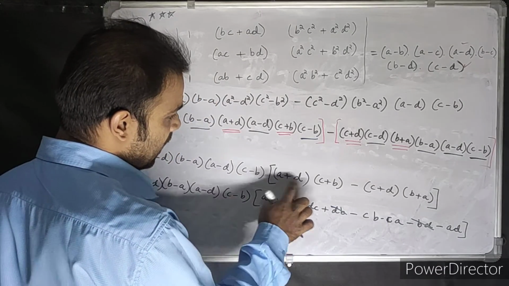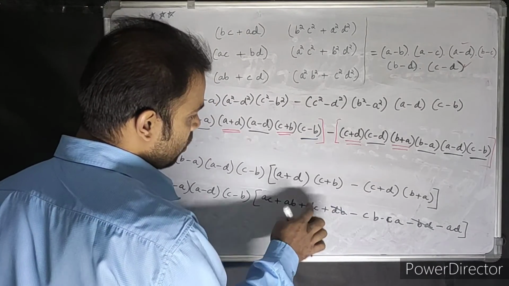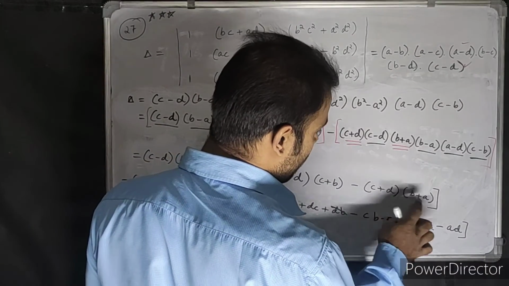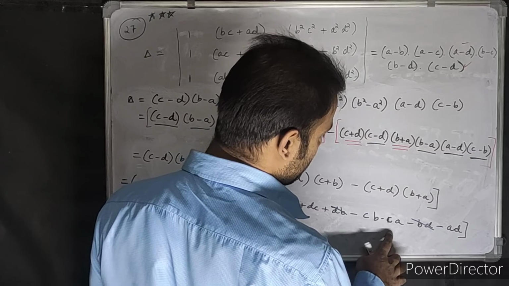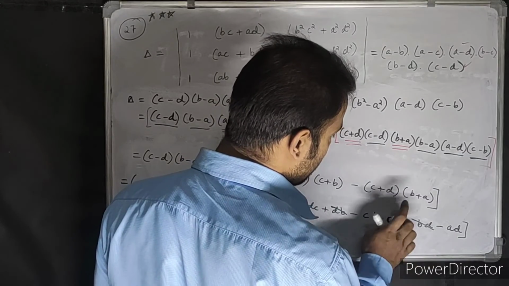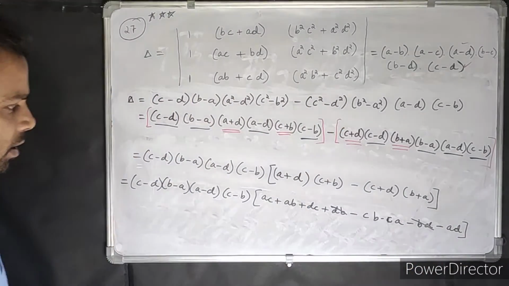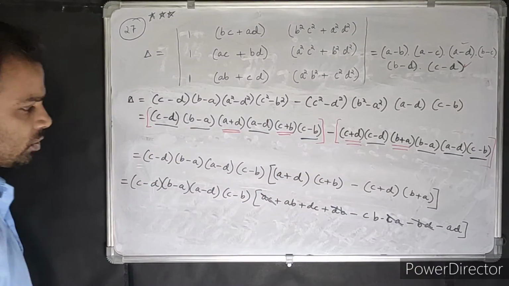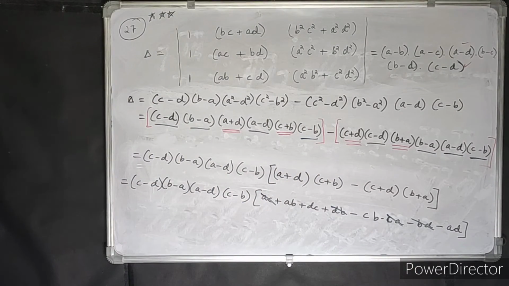AC, AB, DC, DB, CB, AC, DB, and AD. Then what else is there? AC is also going away. AC is also leaving us. So sad.